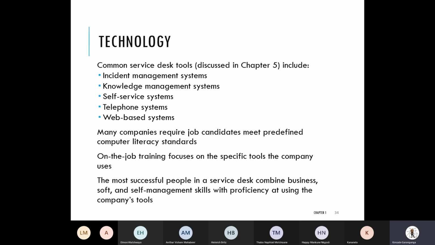So that will be in your learning unit number 5 from a technological platform. Your incident management systems, like I was mentioning a couple of seconds ago, knowledge management, self-service, all the way down to your web-based systems as far as your setups would go.